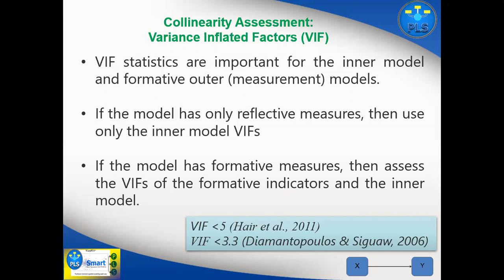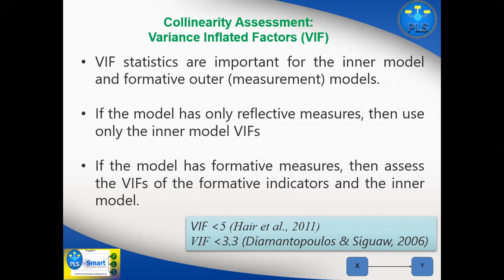VIF statistic is important for the relationship between X and Y, both in formative and reflective model. But it's also important for the relationship between items and construct if the construct is formative in nature. That is what number 1 is talking about.